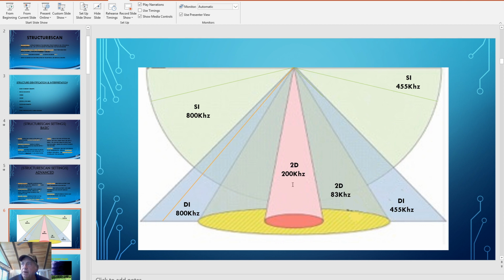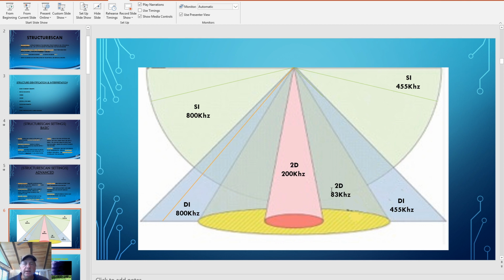So I'll start right here in the middle, this pink area. If you're using your traditional 2D sonar and you're using 200 kilohertz, you can see that the cone angle at the higher of the 2D frequencies is smaller. And once that signal hits the bottom, the coverage area is also smaller.